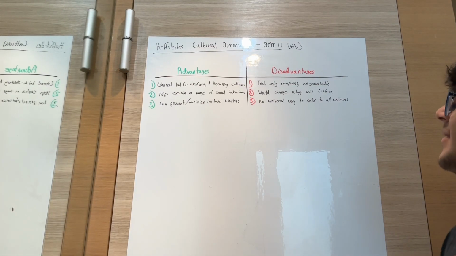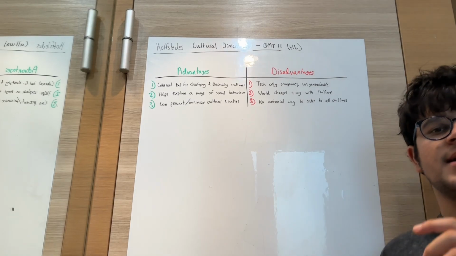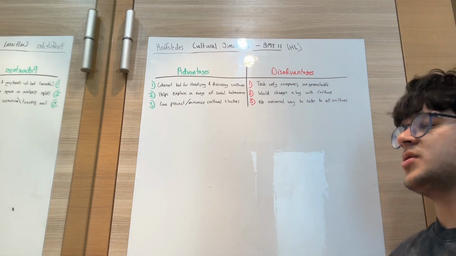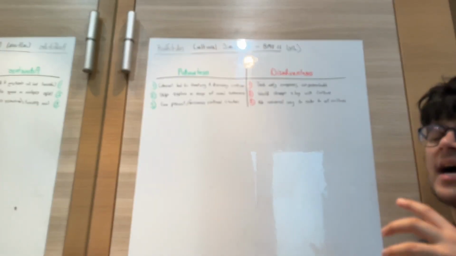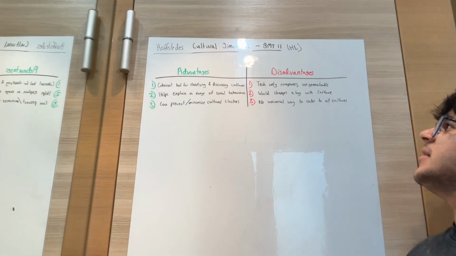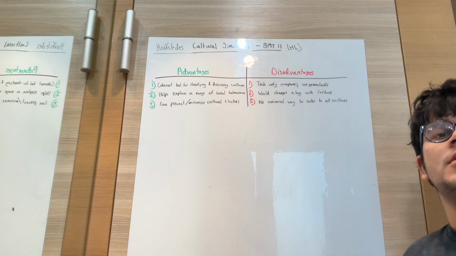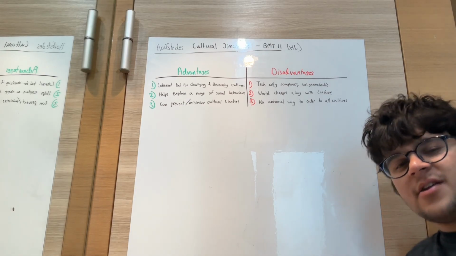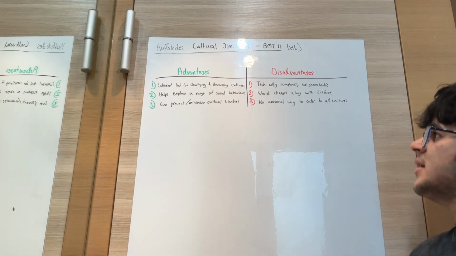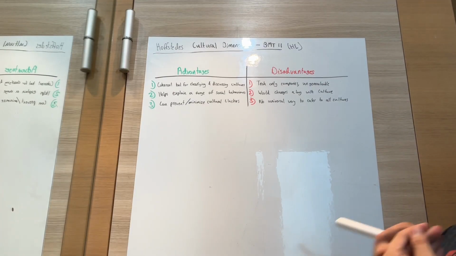However, the data that Hofstede has taken was all from only a tech company, IBM, okay? So this makes his results kind of ungeneralizable. So it may not be fully accurate to every other business in the world. Secondly, the world changes a lot.